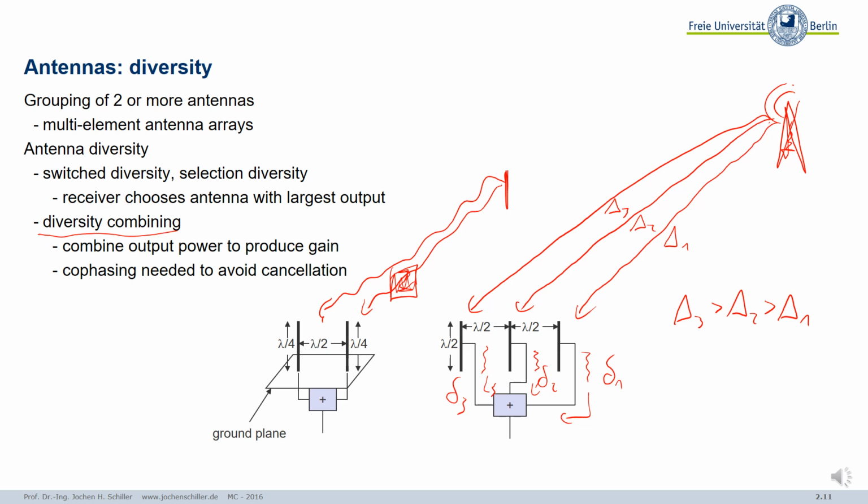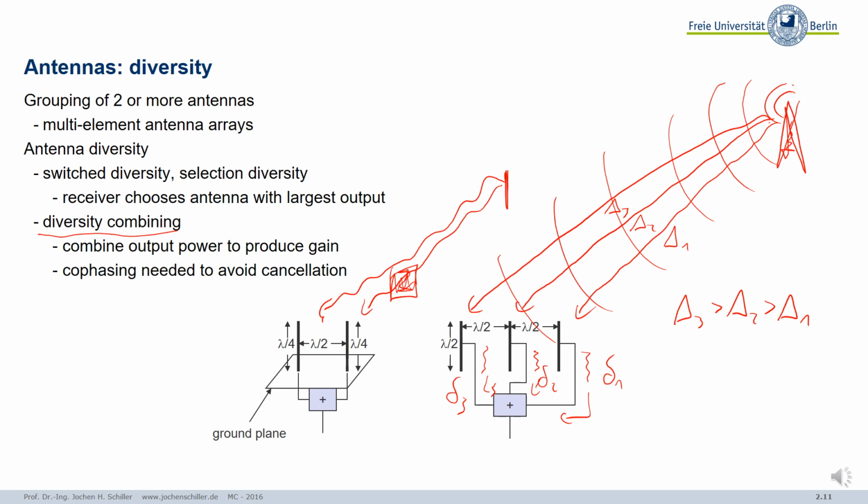So, first of all, we are at antennas, so diversity combining. We need something that's called co-phasing. So we have to bring all together again in the same phase, or at least the strongest parts of the signal. Now this looks like, okay, the base station emits 3 signals. No, you have to always think of these as wave fronts, and part of this wave front is received here, received there.